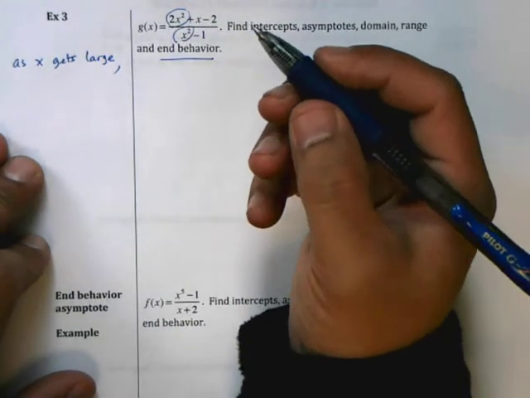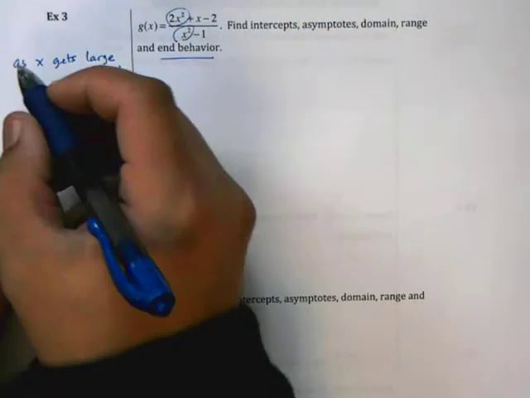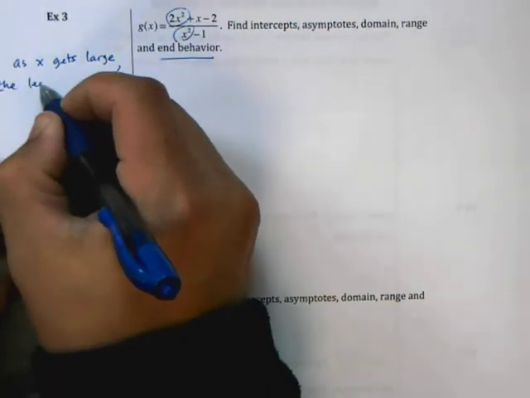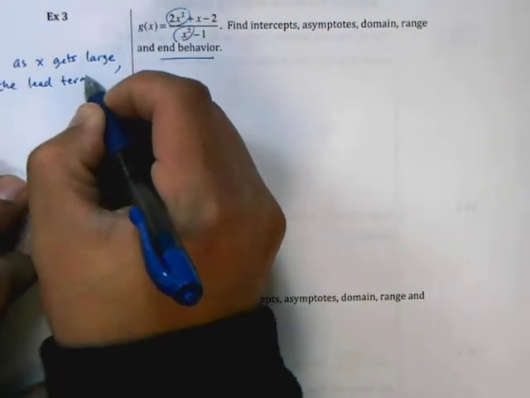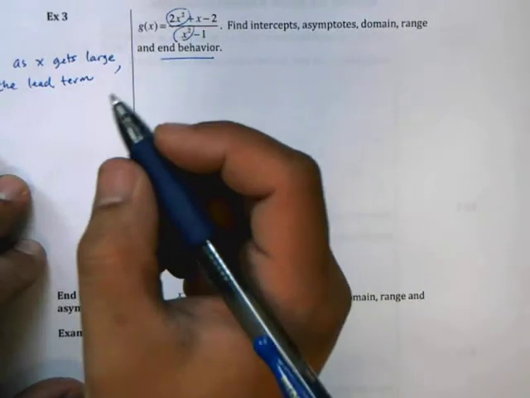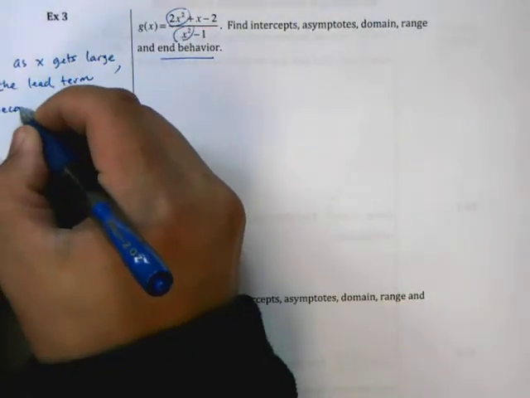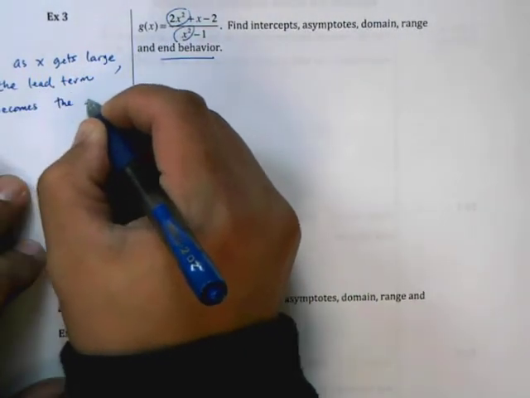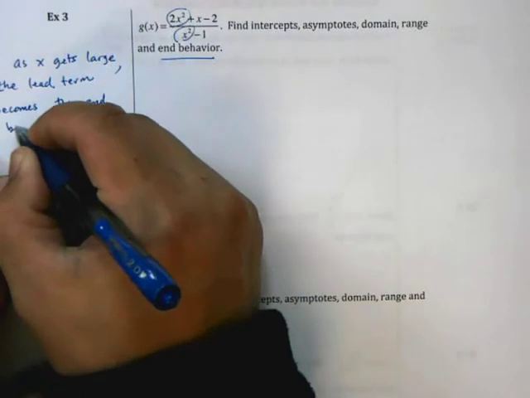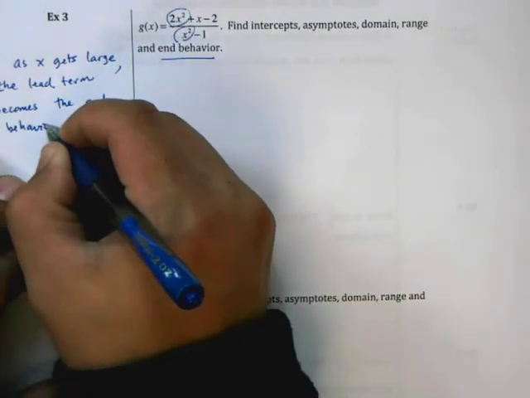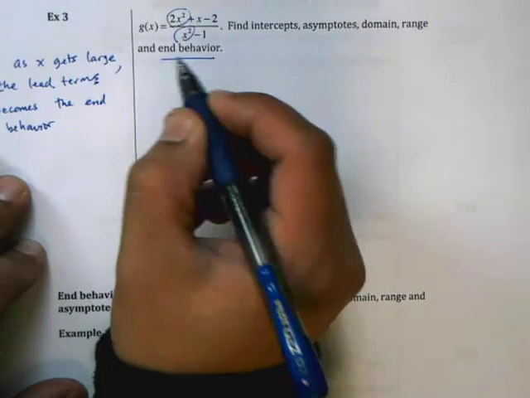So as x gets large, the leading term becomes the end behavior. And I should say leading terms, plural.